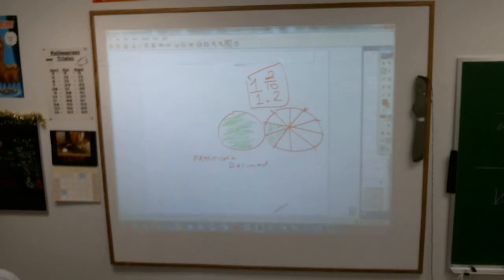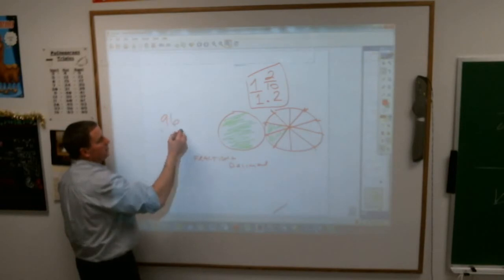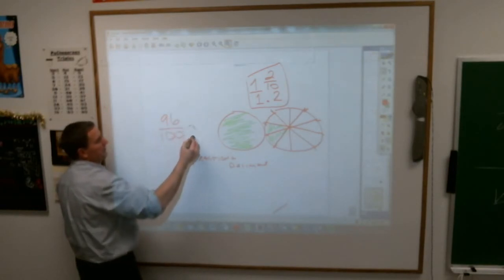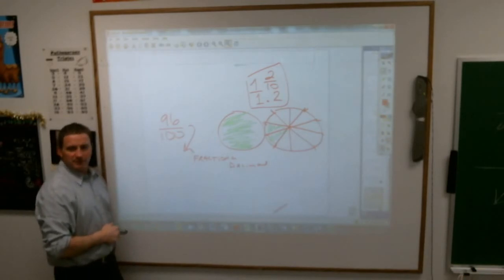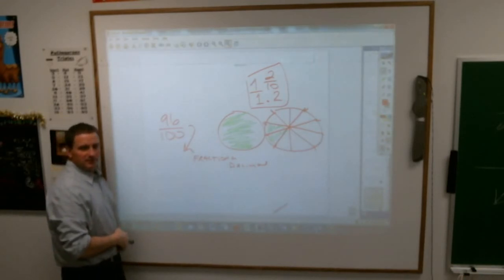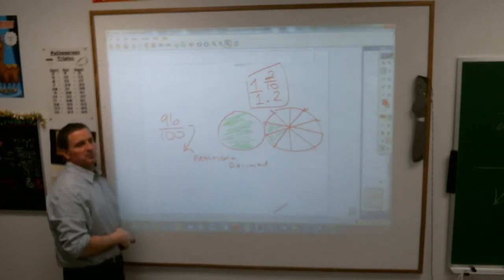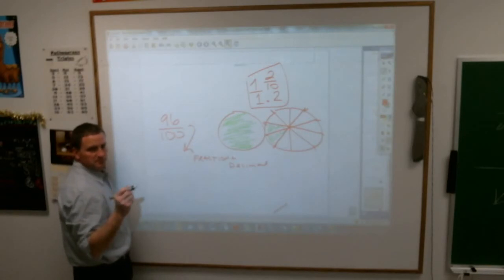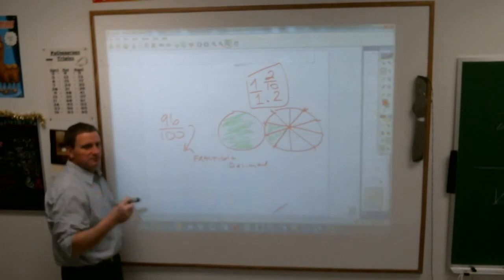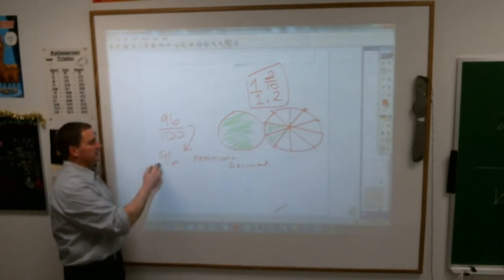So if you see something like this, 96 over 100, and they ask you to change that to a decimal, what decimal would that be? Lainey? Just tell me, how would I write it out? So here's my 96. Where does the decimal go? Yeah, 0.96.